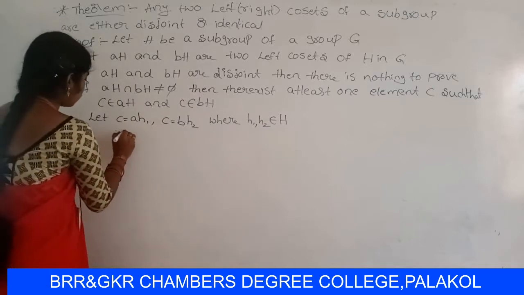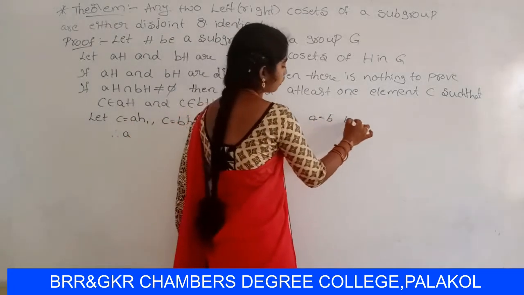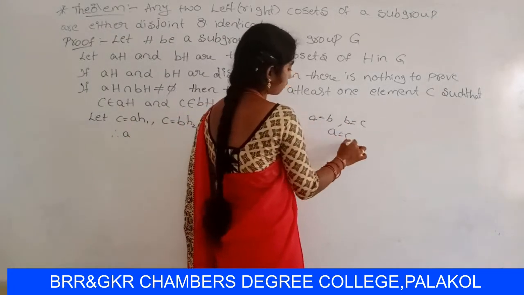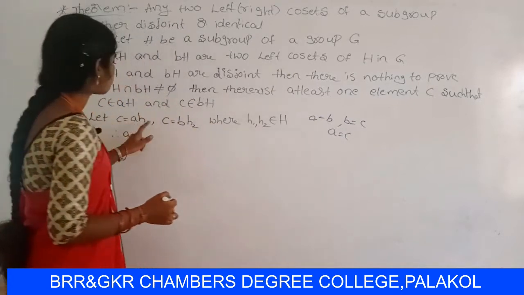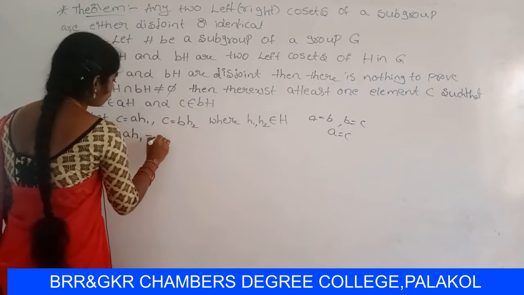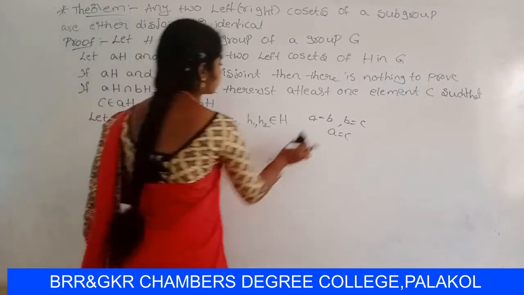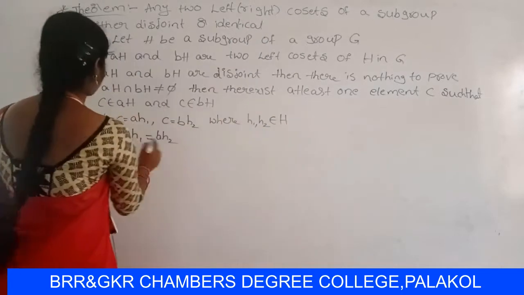Already you know that if A equal to B and B equal to C, then A equal to C. So C equal to A H1 and C equal to B H2, so A H1 equal to B H2. Multiply on both sides by H1 inverse.